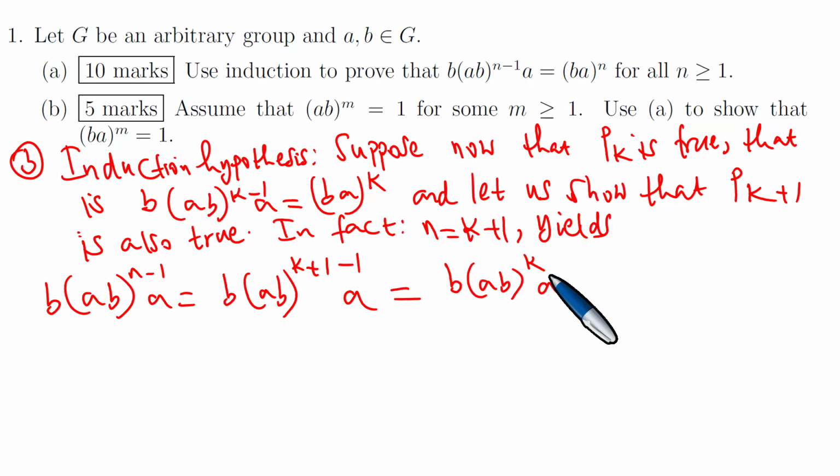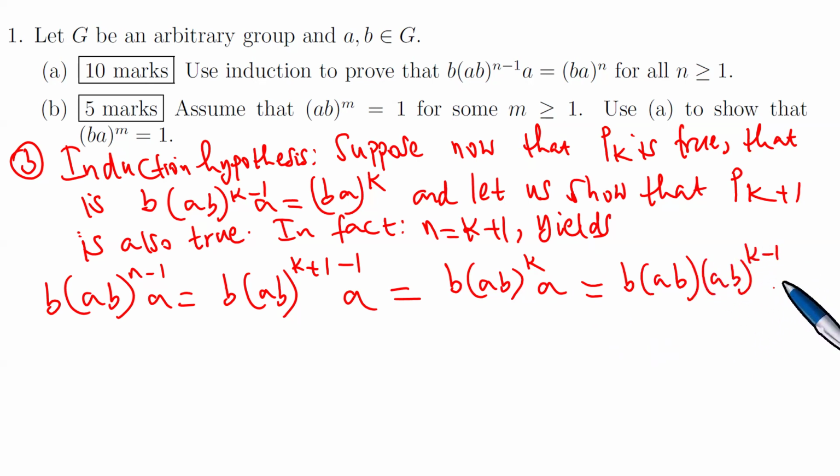Sometimes it can be tricky to play around in a way that is productive. But now you can write B, A, B, and then AB to the power k minus 1, then A, because the power 1 here and the power minus 1 there cancel out, giving us just AB to the kth power, and you still have the B and the A on the extremes. That's good and that's clear.